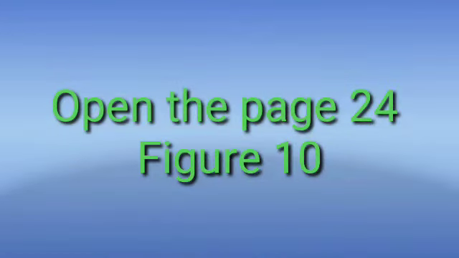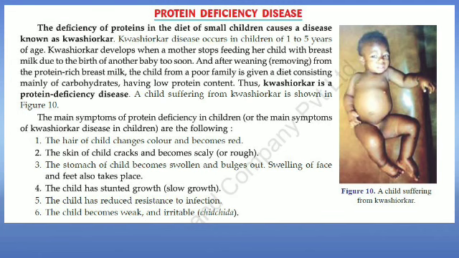Open page 24 and look at figure 10. We see a child suffering from kwashiorkor. Now, what is kwashiorkor? Look into the book. The deficiency of proteins in the diet of small children causes a disease known as kwashiorkor. Understand?